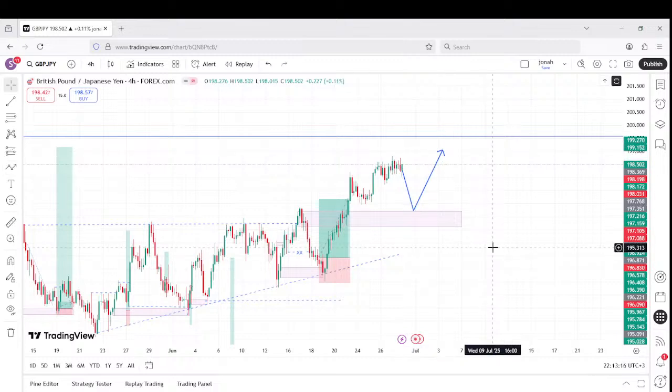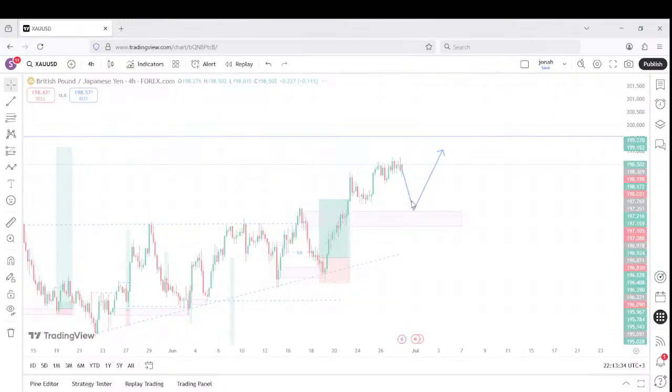And for gold, gold actually previously changed bias.